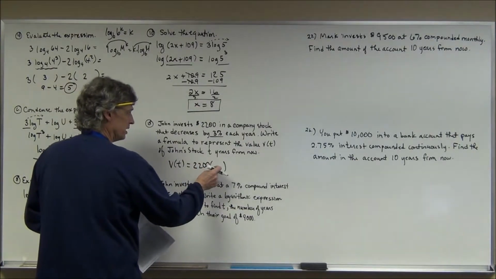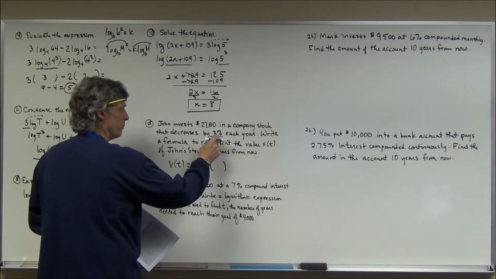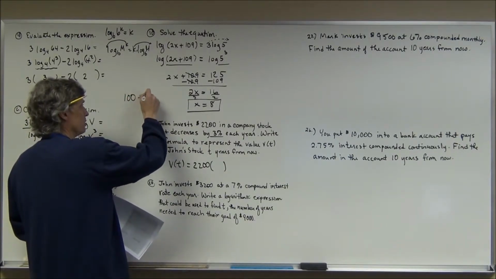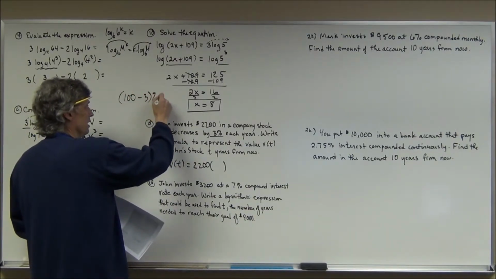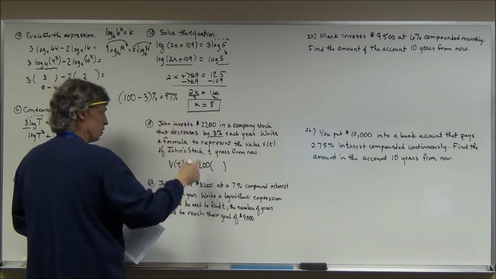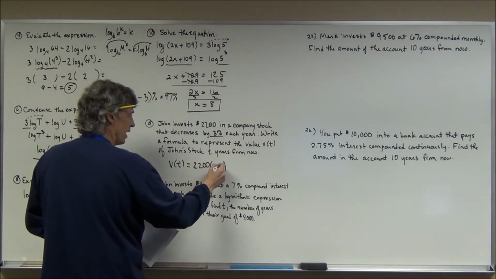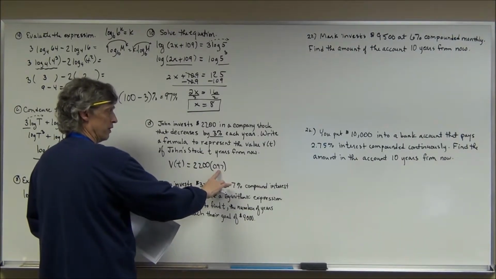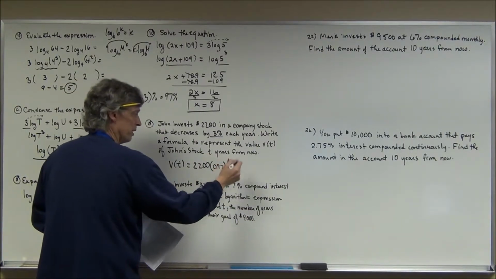And this base, because we are losing 3%, 100% minus 3% is 97%. So this base is going to be 0.97. You lose 3%, but you still have 97% of the original amount, and that's per year.